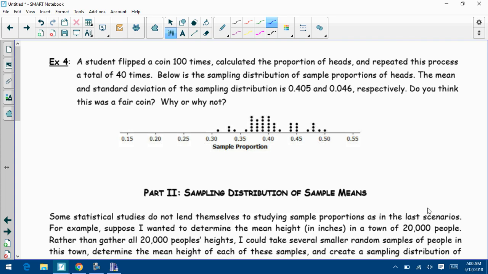What's a fair coin mean? Well, in a fair coin, what's the probability that you get heads? It's 50-50, so 50%, 0.50. Did I ever get heads 50% of the time? Sure, there's a bunch of dots over here. But the mean of the sampling distribution is more like 40, 41%. So if the mean of the sampling distribution is supposed to equal the true population mean, it doesn't equal. So I would say this is not fair.